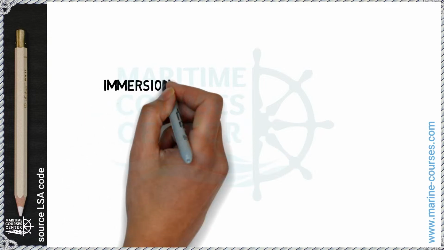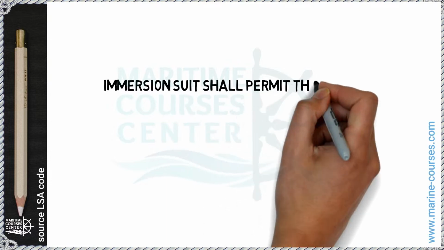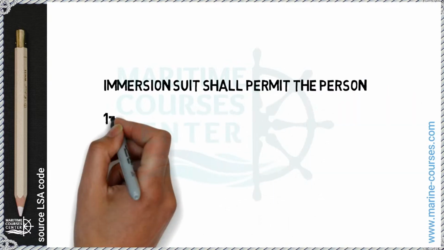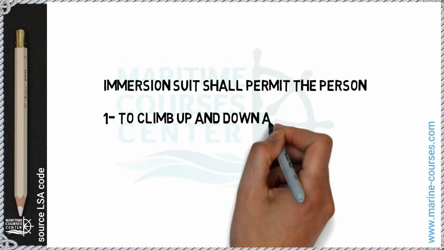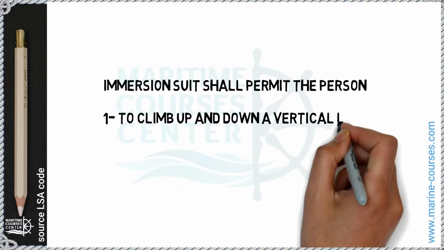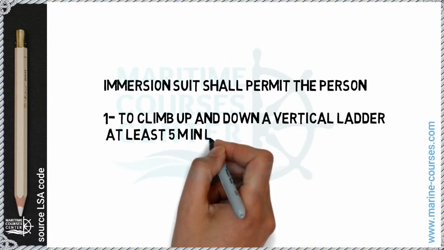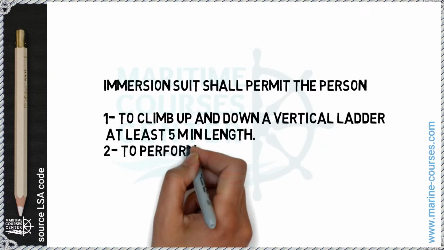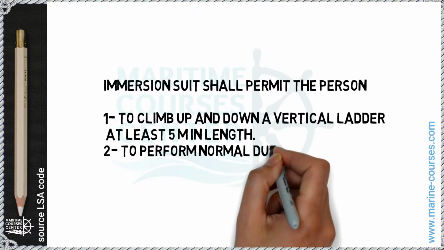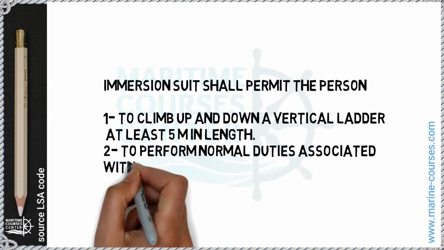Immersion suit shall permit the person 1 to climb up and down vertical ladder at least 5 meters in length. 2 to perform normal duties associated with abandon ship. That means if we have an abandon ship, we can perform our duties about abandon ship without any problem while we are using immersion suit.